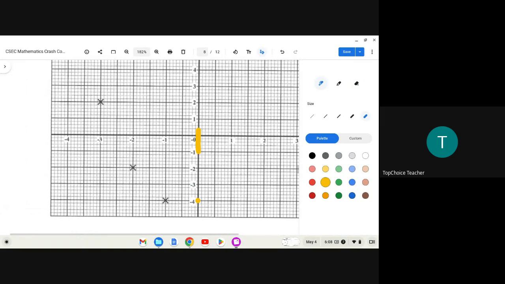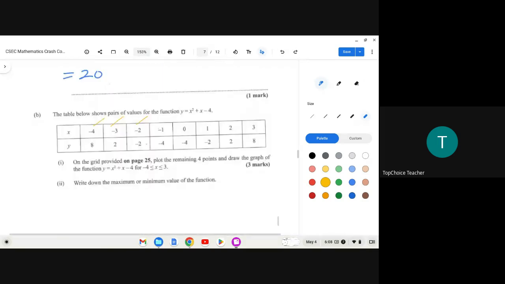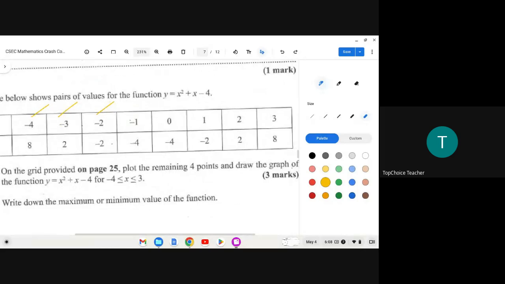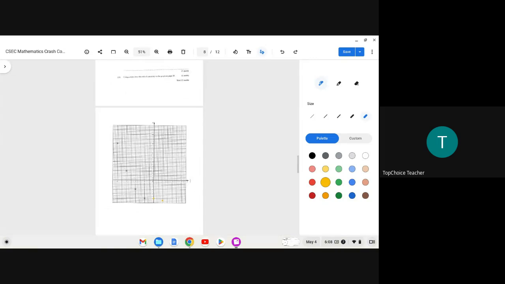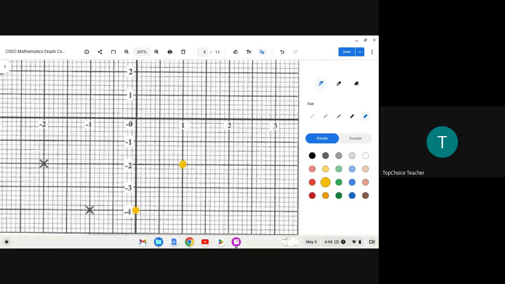Notice it's 0 on the x-axis, and -4 on the y-axis. Moving on to the next point quickly, we have 1 on the x and -2 on the y-axis. So where would that be? That would be somewhere here, because this is 1 on the x-axis. 1 on the x, -2 on the y-axis.